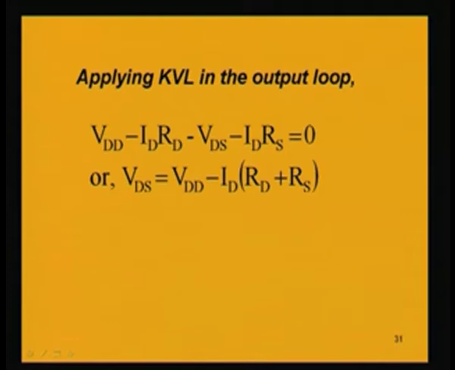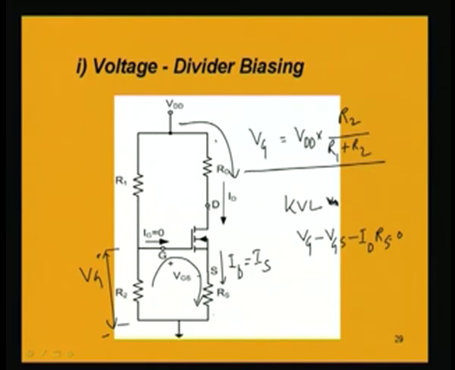That is, VDD minus IDRD minus VDS minus IDRS equal to 0, because the voltage across the resistance RS is nothing but IDRS and the voltage across RD is nothing but IDRD. ID is common because ID is the source current flowing through this RS also.